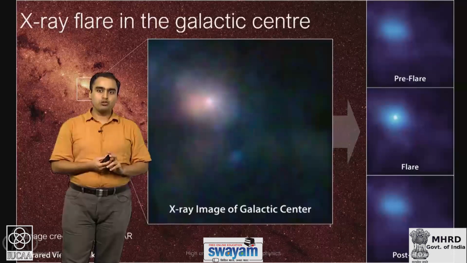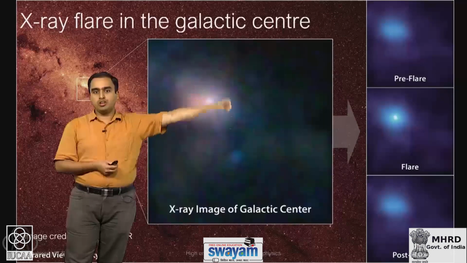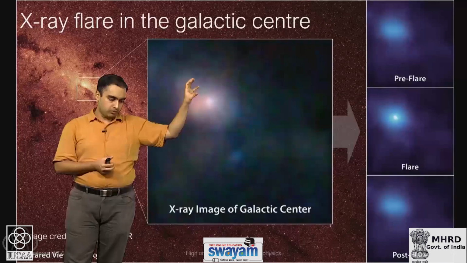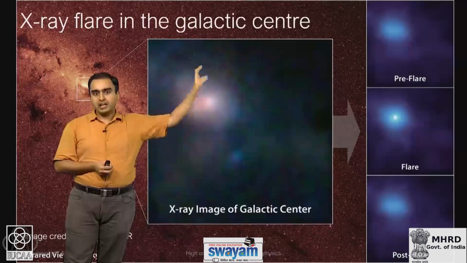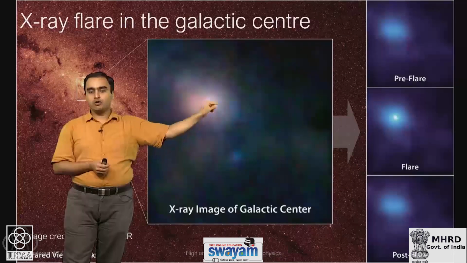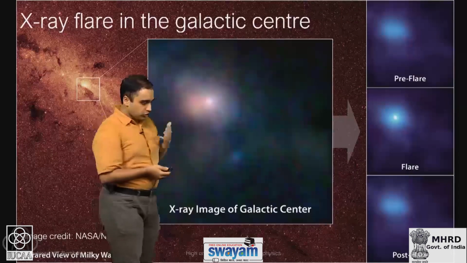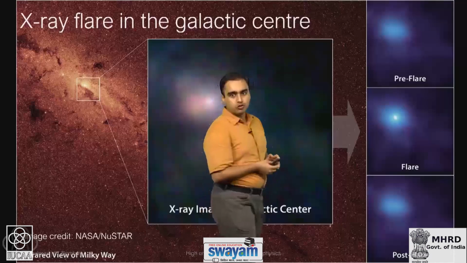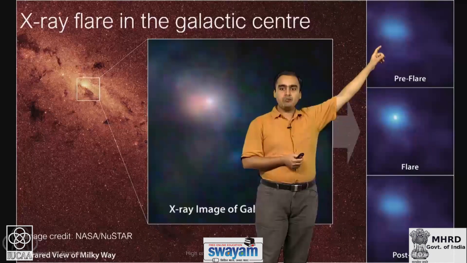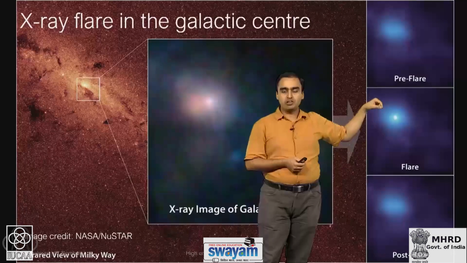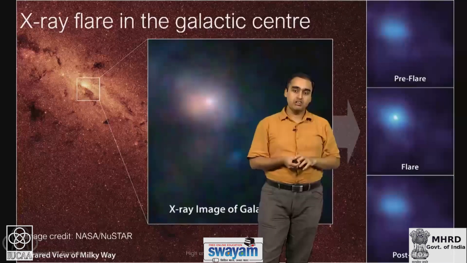And what you see on the far right in those series of images over there is an image of the central black hole of our galaxy at 3 different times, and you can see that the source is significantly brighter in the middle image. So, this is what was called a flare of the source, and what we think happened here is that this is what the source looks like normally, and at this point something must have fallen in and gotten disintegrated.